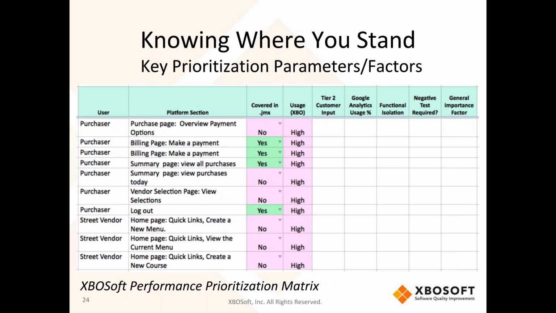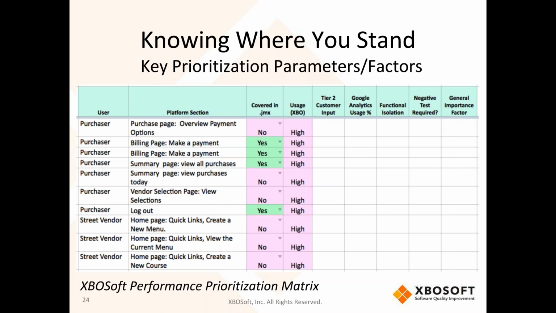So we go in and we try to categorize based on how the software is developed, and through interviewing the development teams that have been involved with this, or reviewing help documents or design documents, and we'll categorize. So user and platform section are related because it's categorizing the section of the software, or the function within the software that particular line item is focused on.